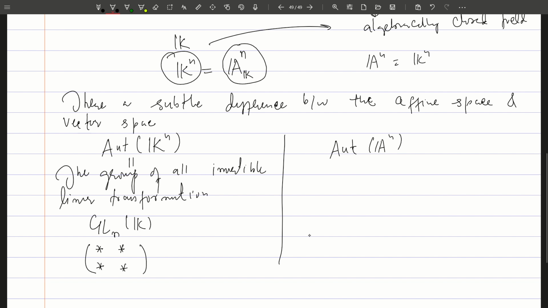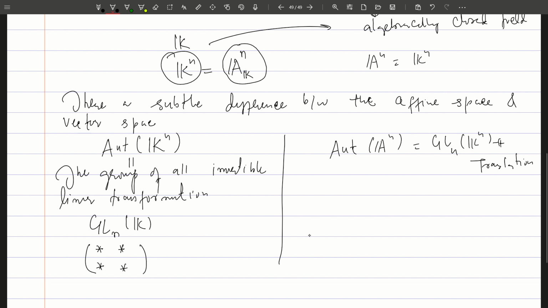So this contains the automorphism group of Kn, the general linear group, plus it also contains the translations, because a linear transformation is supposed to fix the origin, and a translation by some non-zero element does not preserve the origin. So that is why we include translation here. This is only possible when we don't care about the origin, when we just consider the origin as an arbitrary point.